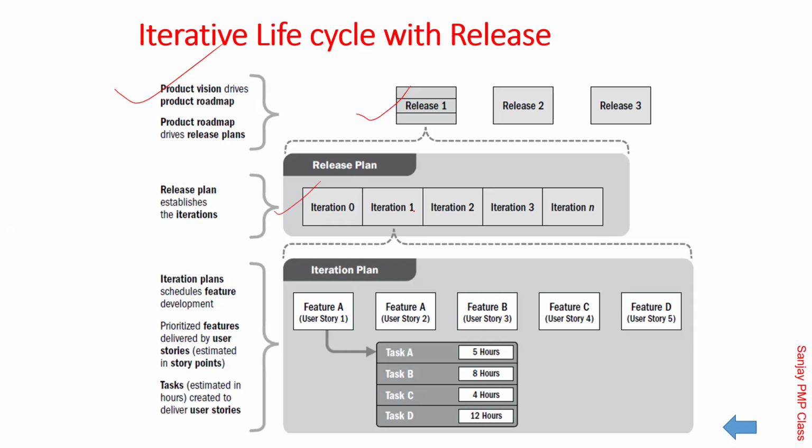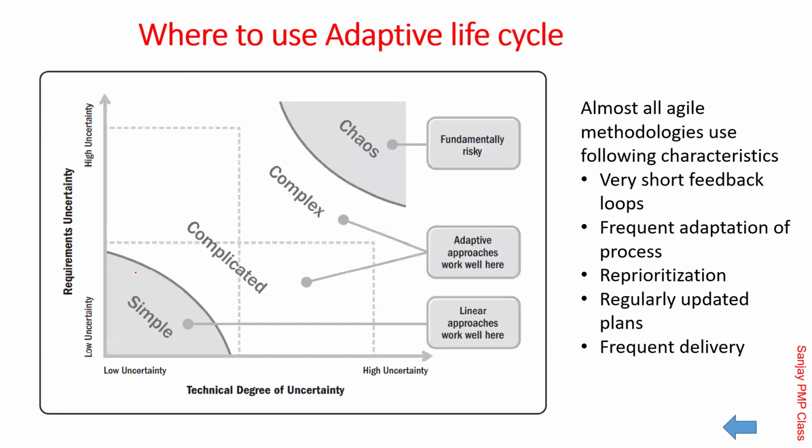The releases are broken into multiple iterations, and each iteration has multiple user stories or features, so multiple features are built there. Remember, up to this point you do a long-term plan only, which is like a predictive life cycle. Everything below iteration will be done in the agile way.